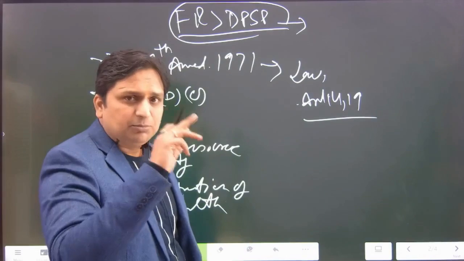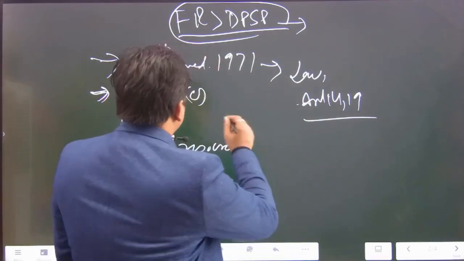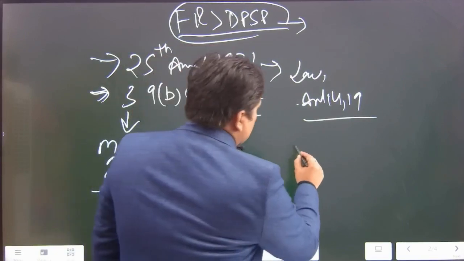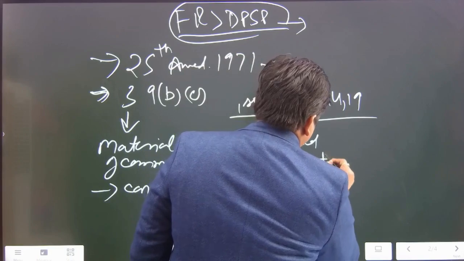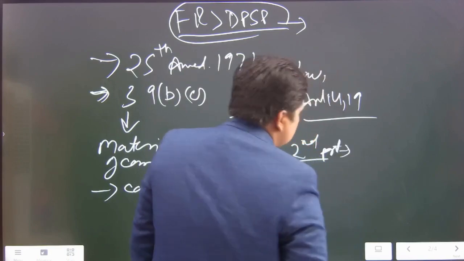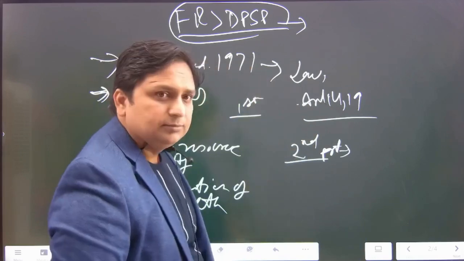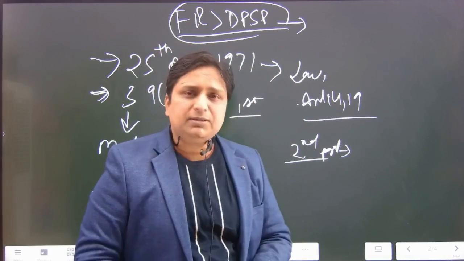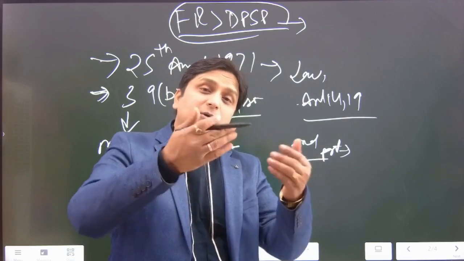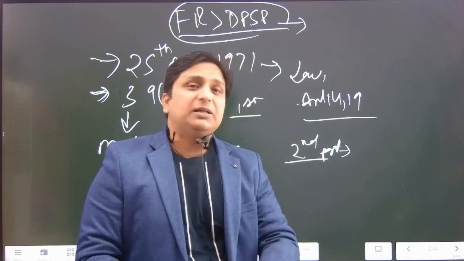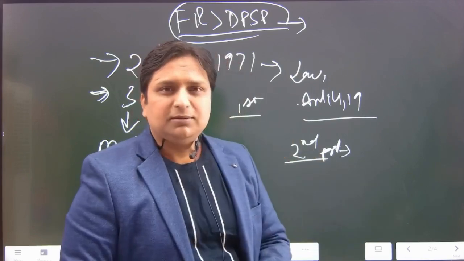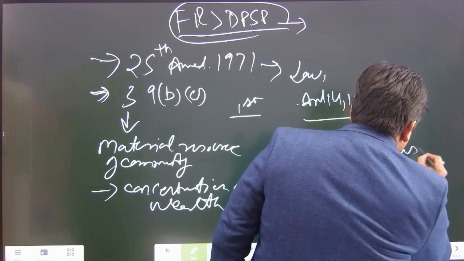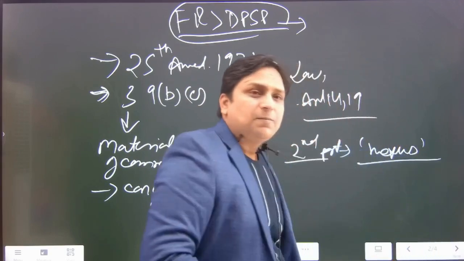The second part, which is the most controversial part of this amendment, says that any law which has been passed in order to meet the goals of 39B and C cannot be challenged on the ground that it has not given effect to that purpose. It means it denies any nexus.